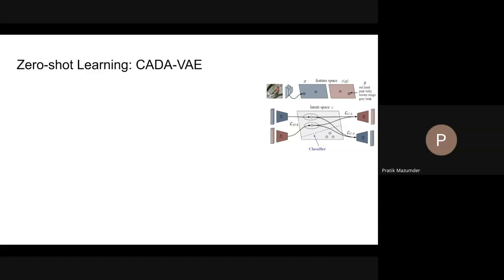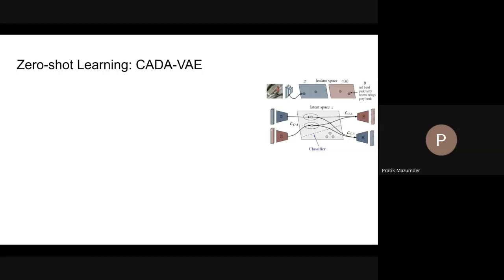You had some seen classes and a set of unseen classes which were not seen during training, but ideally you have to perform well for the unseen classes as well, without having to look at any of their training data, which from the look of it appears to be an impossible task.